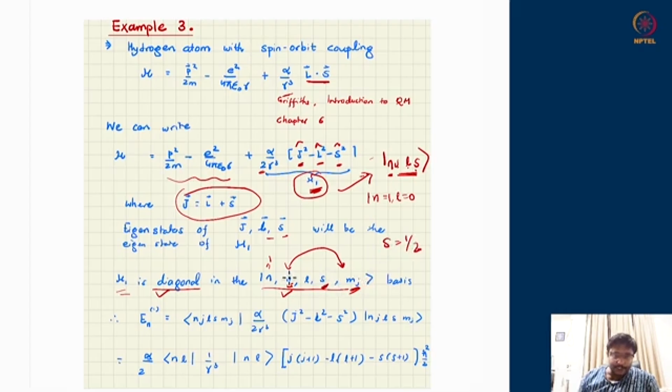So even for n is equal to 1, J can take a value half. Since S is half, J is L plus S. So therefore the magnitude of J is the magnitude of S, which is half. In the sense of eigenvalue, it is half into half plus 1, but the magnitude of J vector is the magnitude of S vector. And its Z component is twofold. It could be plus half or minus half. So there are two states even for n is equal to 1.